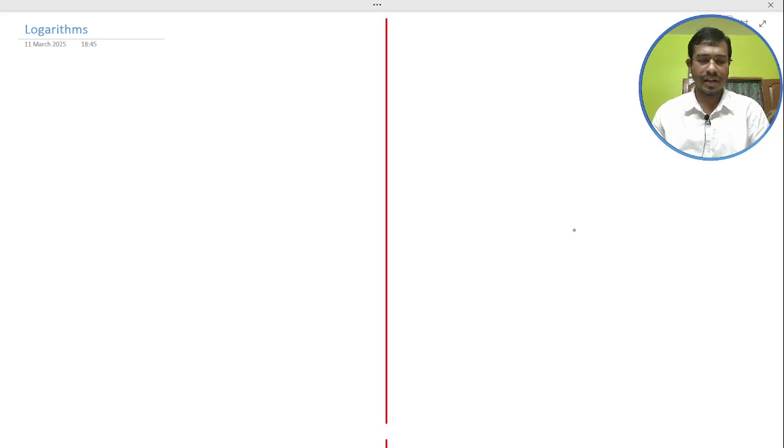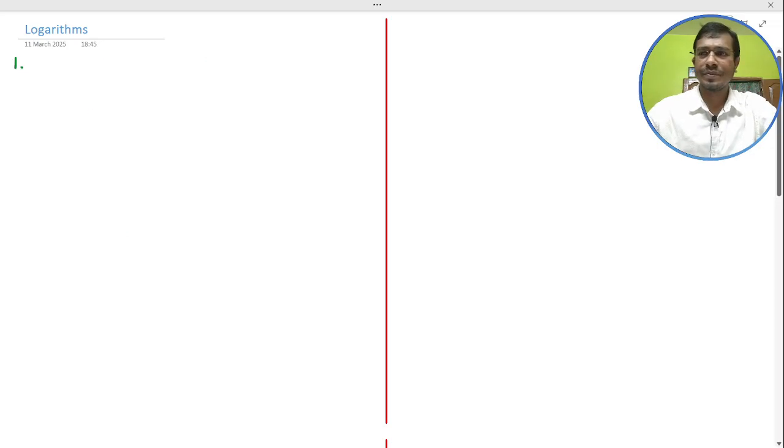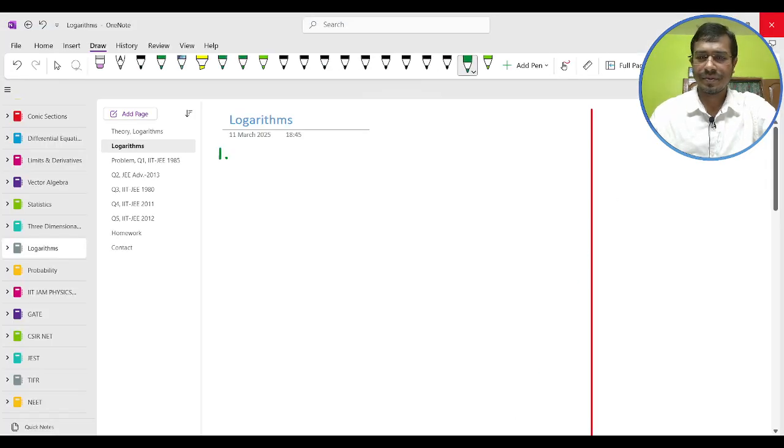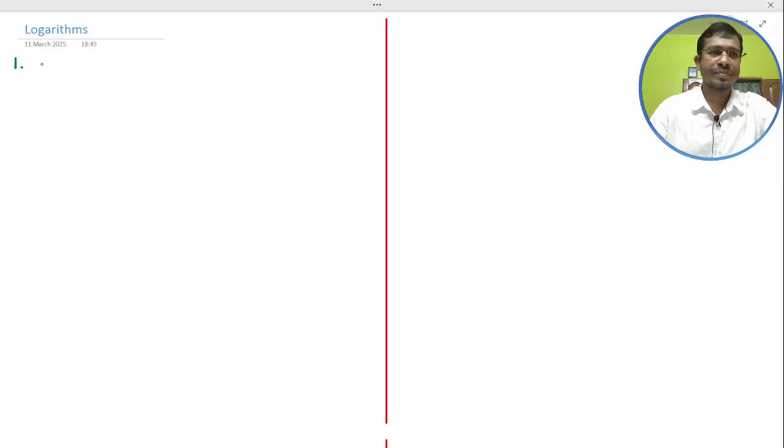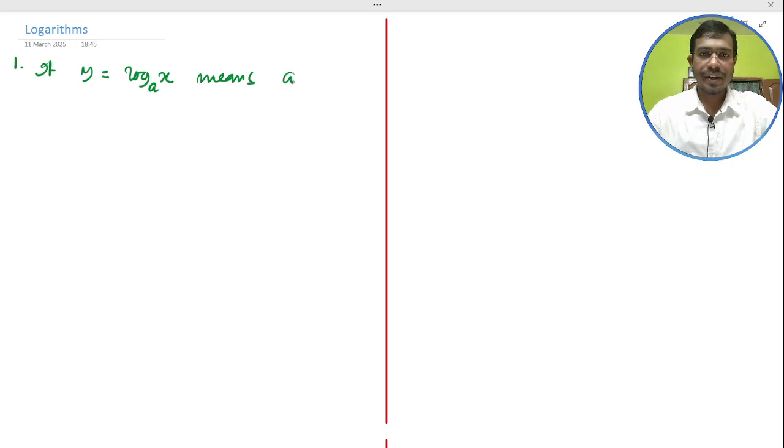So first of all, in logarithms, number 1: if y equals log x base a, it means a to the power y equals x.